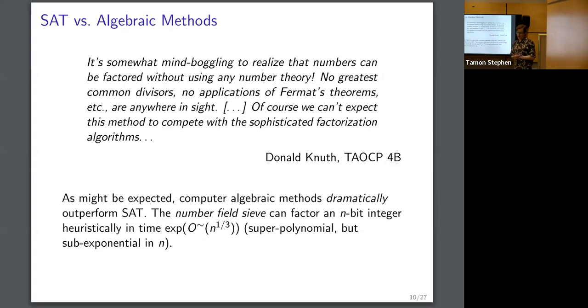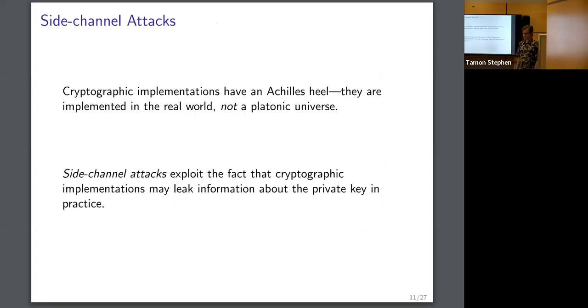It's actually better than any exponential though, right? Because it's not e to the n, it's e to the cube root of n. So it's better than any exponential. It's what's known as a sub-exponential running time. So it is definitely going to outperform an algorithm which is purely exponential, right? And this is what we see in practice. Number field sieve will beat SAT every day of the week, even though the number field sieve itself is going to be worse than polynomial.